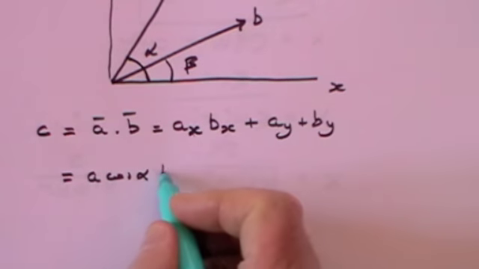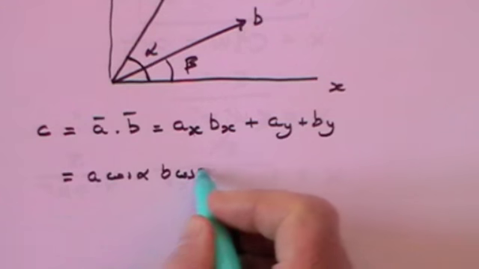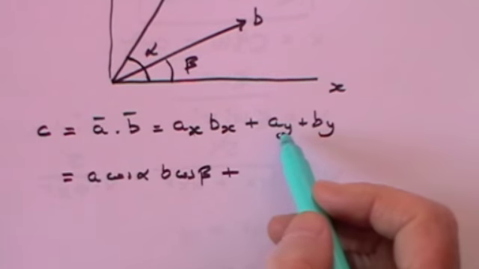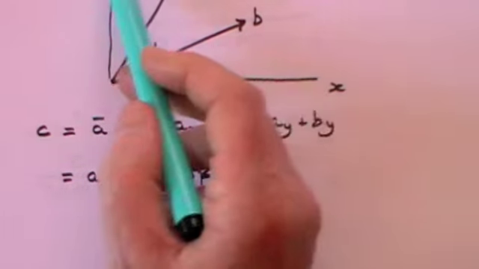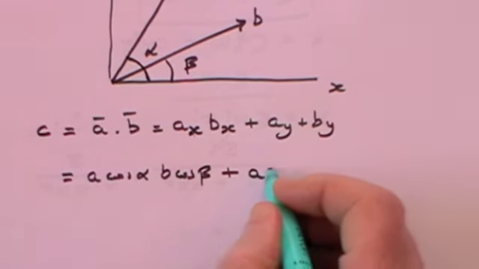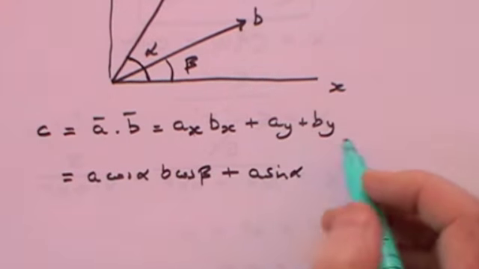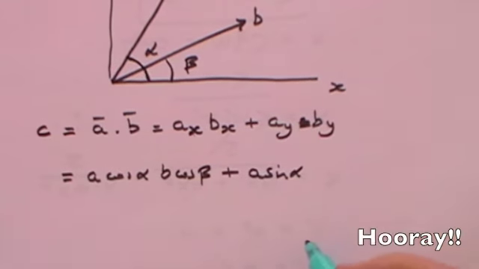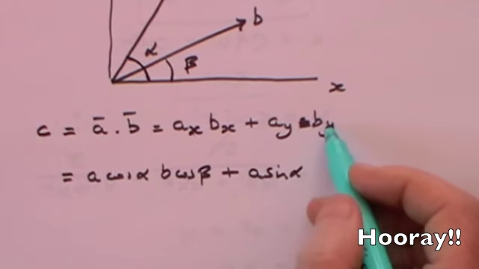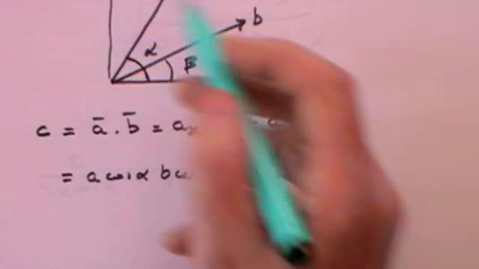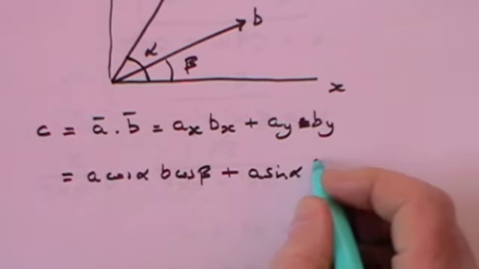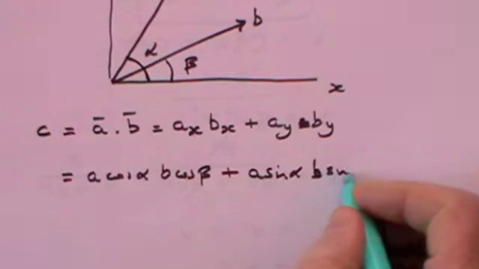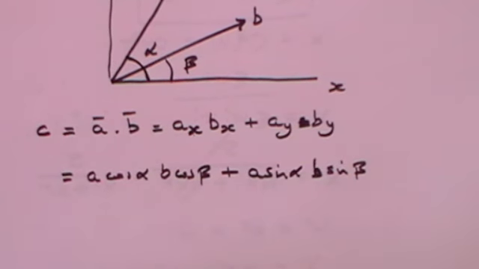So we multiply by B cosine beta. Plus, what is the component of A in the y direction? It's going to be A sine alpha. Shouldn't be a plus sign there. It's multiplied. So what is the component of B in the y direction? It's going to be B times the sine of beta.